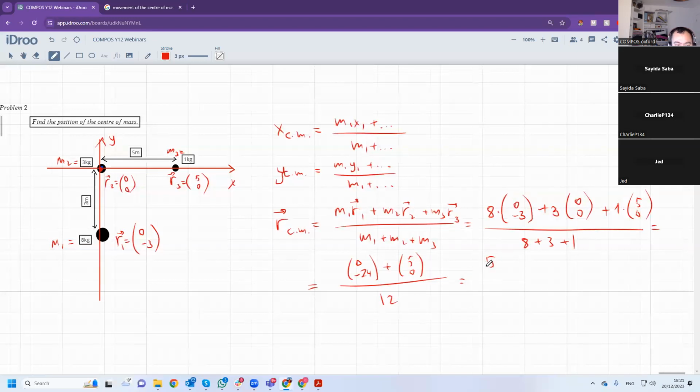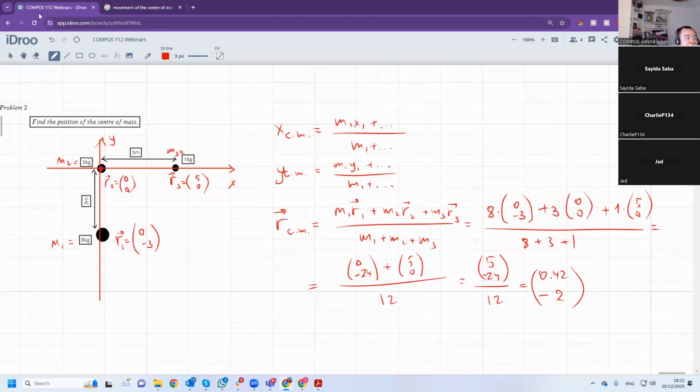So that's 5, minus 24, divided by 12. 5 over 12, that's 0.42, and minus 2.